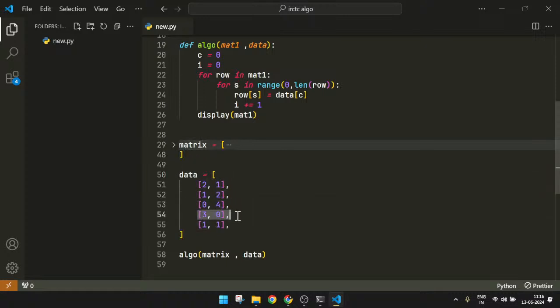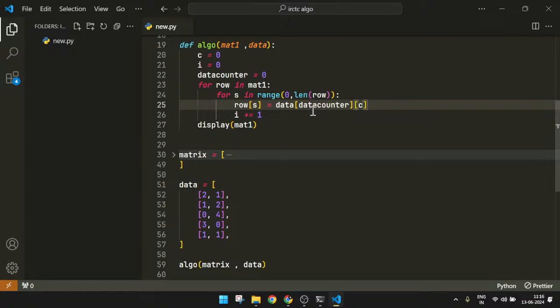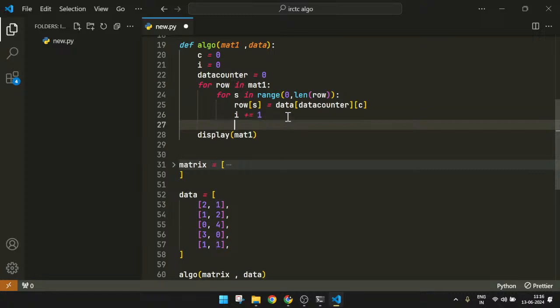Okay, so assigning it after I'm done with this loop.